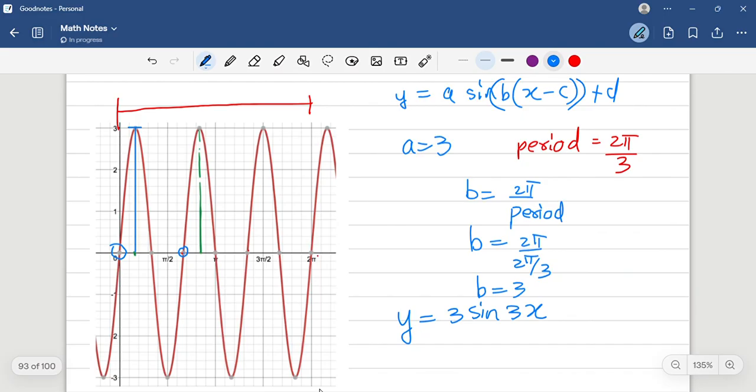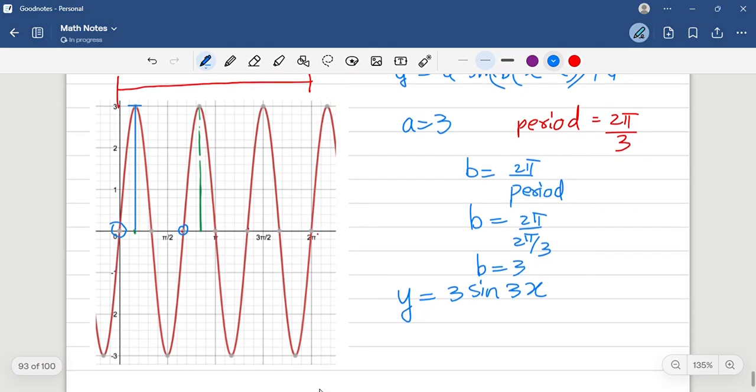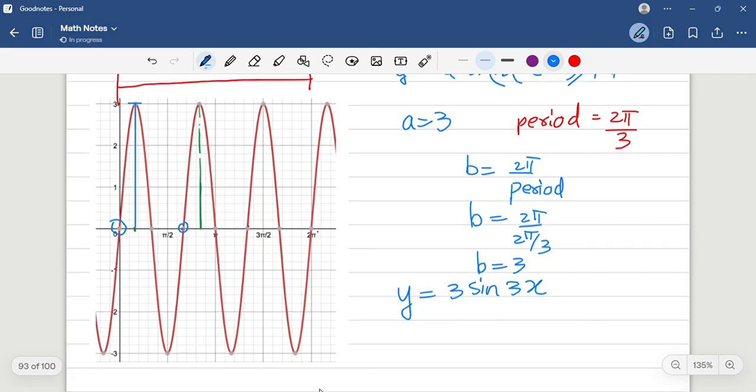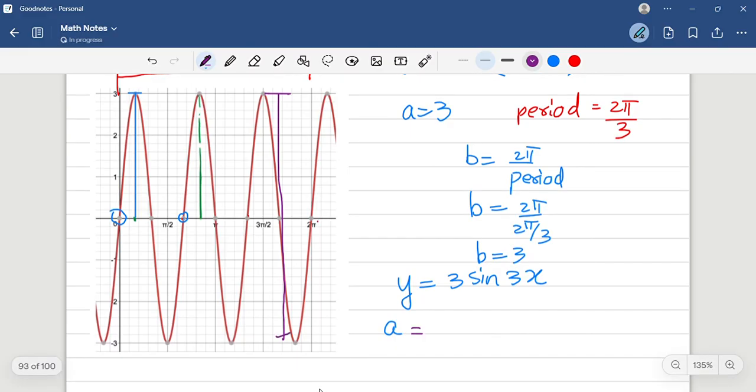Another way to calculate the A value, or the amplitude, is by using the maximum and the minimum values. The maximum and minimum cover twice the amplitude, so 2A will be equal to y maximum minus y minimum.